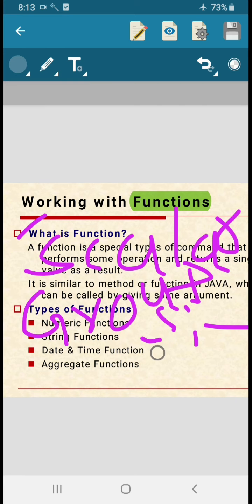The first one is single row function, the second one is group function. Group functions are also called aggregate functions.